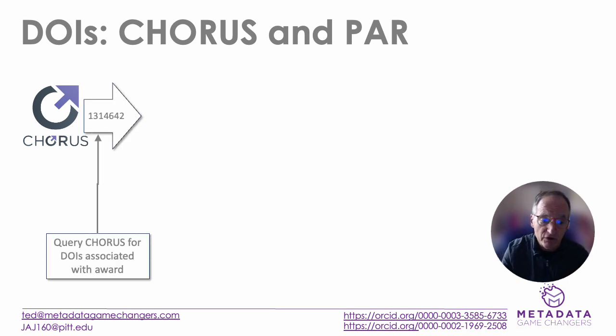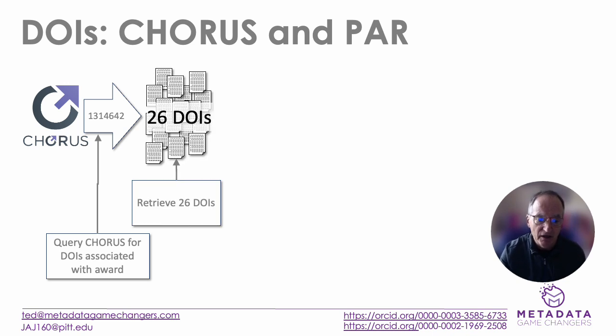We started in Chorus, and we queried Chorus for the DOIs associated with the award. Actually, we downloaded data from Chorus as a CSV, and then we searched it for award numbers. In this case, the award number 1314642. And in Chorus, that award number has 26 DOIs associated with it.